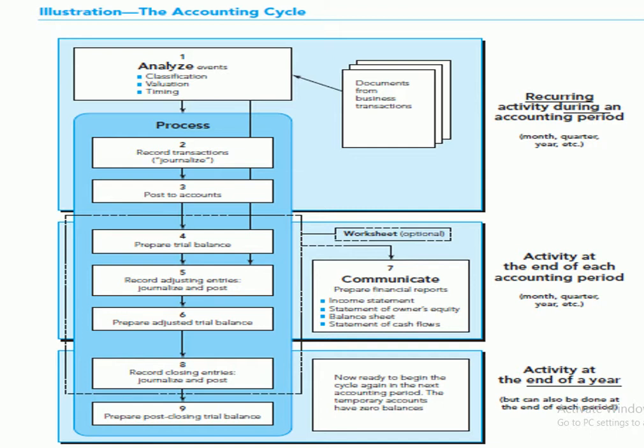But here on the right side you can see the worksheet, which is an optional statement for the bookkeeper, for the accountant, for the person dealing with the accounts, which communicates the income statement, the statement of owner's equity, the balance sheet, and the statement of cash flows. Right? Step number 5, record adjusting entries, journalize and post.